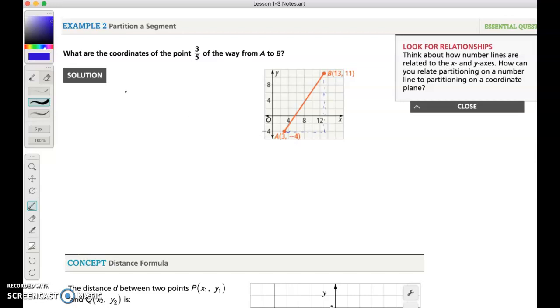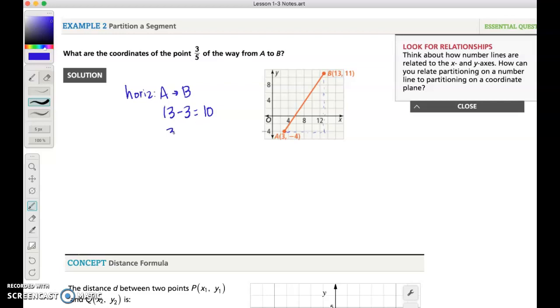so let's take a look at how we're going to do this. So I like to break this down and say, okay, what is my horizontal distance from A going to B? So I would be going from the coordinate of 3 to the coordinate of 13. So if I do just maybe 13 minus 3, it looks like I'm going 10 units from 3 over to 13, right? 10 units. Now, I only want to go 3/5 of that.